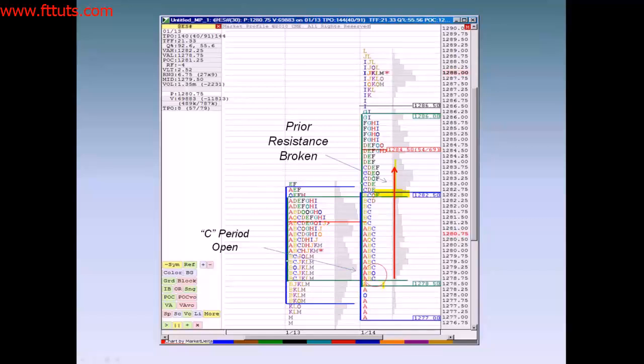And here now, this support level provides us with our base or foundation and confidence to be able to move higher with price. All right.